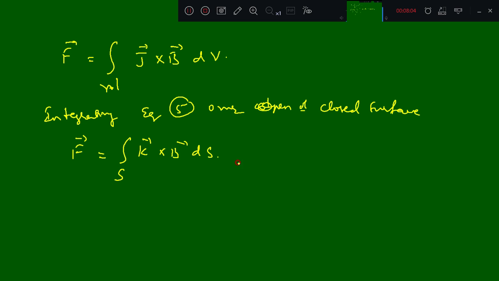This is equation number 8, and the previous one is equation number 7.